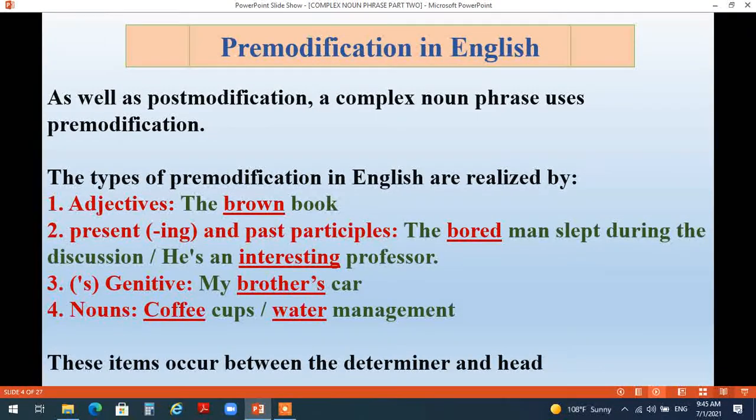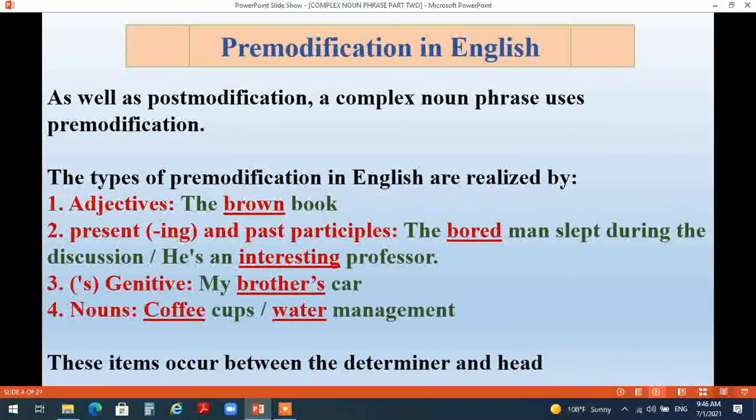Or we can say he is an interesting professor. Here we have used the present -ing participle. The third method is by using the S genitive, just like my brother's car. So the S genitive here is used immediately before the head word car, so it is used as a pre-modifier.